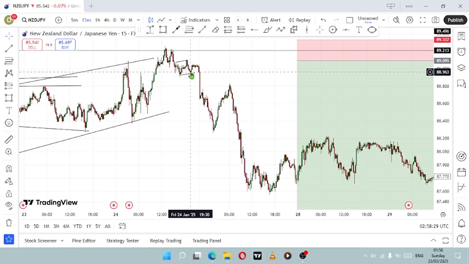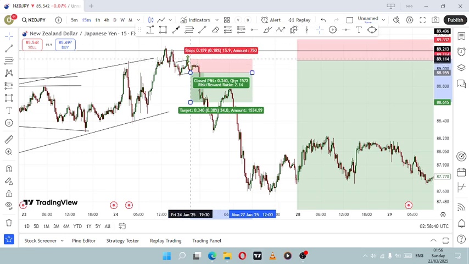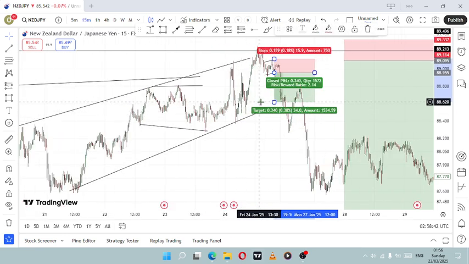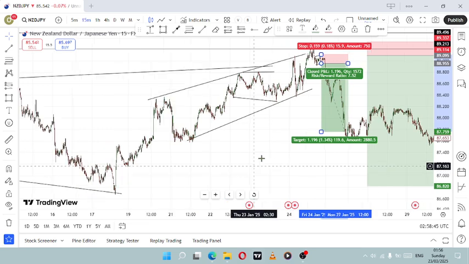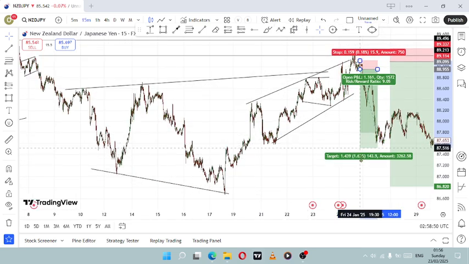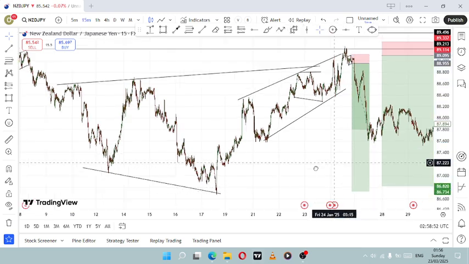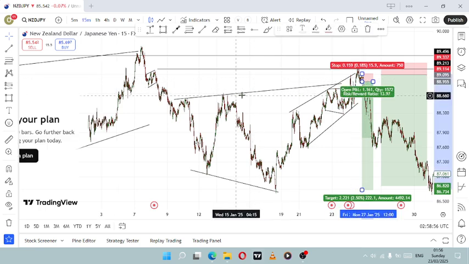So I can take it as a reduced risk on the 15 minutes, after price taps into such structure. Place my stop above here, then I'll target the lows. Here is a refinement of the 1 hour structure. So it is like a teaser into the 1 hour structure, the advanced entry that I use.